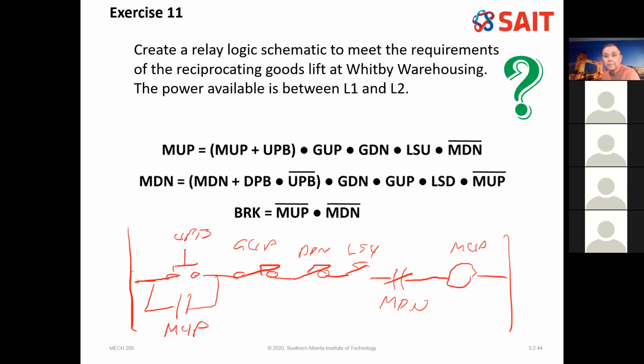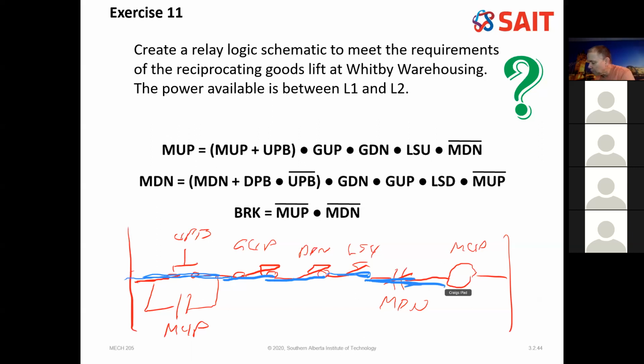equation. So if I press the up push button, the current's going to go there. My gate is closed, so it's going to go through there. My down gate is closed, so it's going to go there. My limit switch upper is normally closed, so I haven't hit the top yet, so it's going to go through there. The motor down is not going, so it's going to go through there.